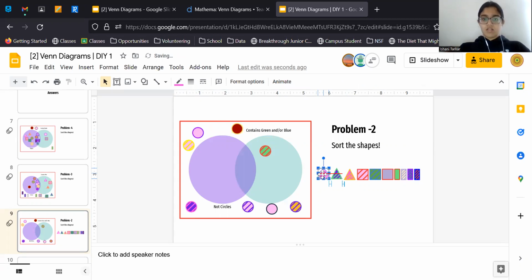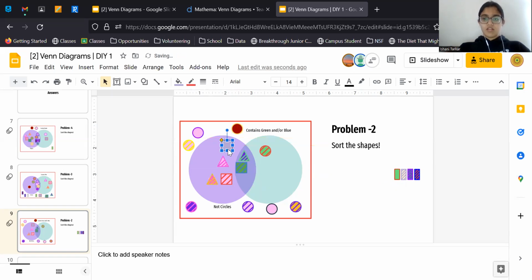But this is not a circle, and it doesn't contain green or blue, so it goes here. This isn't a circle and it does contain green, so it would go here. This isn't a circle and does not contain green or blue, so it goes here. Not a circle, but does contain green and/or blue, not a circle.